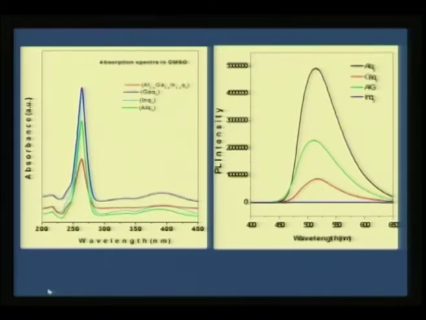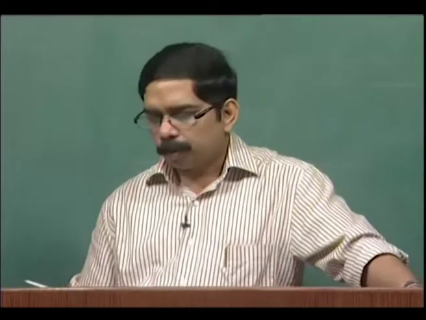You can see that the absorption spectra of the AlQ3, indium Q3, gallium Q3 and AIG all show similar features, which means the pi to pi star transition and the n to pi star transition are happening at around 260 nanometer and somewhere around 380 nanometer. This is due to n to pi star transition and this is due to pi to pi star transition, and it is all the same for both the solid solutions and individual molecules.